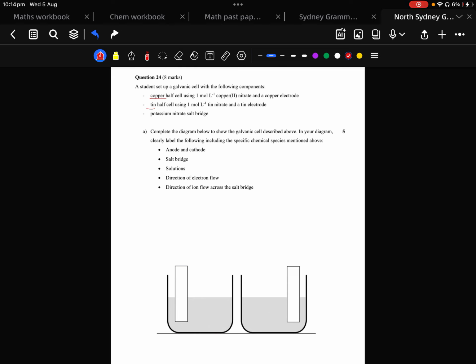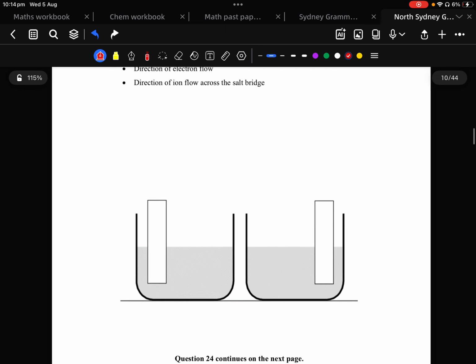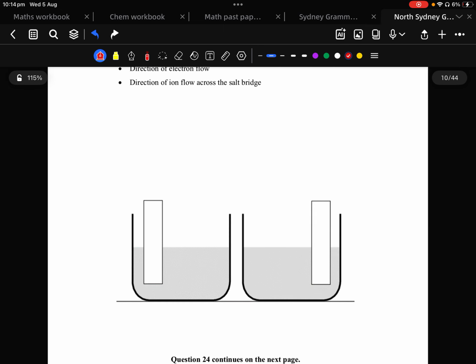First, we look at our formula sheet and look at the standard potentials. We could see that tin is more reactive than copper, which means tin wants to be in solution. And if it wants to be in solution, it must undergo oxidation. So let's draw our electrodes.